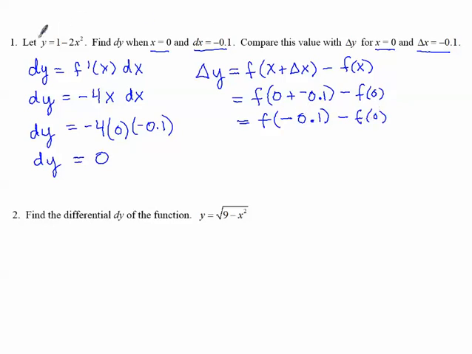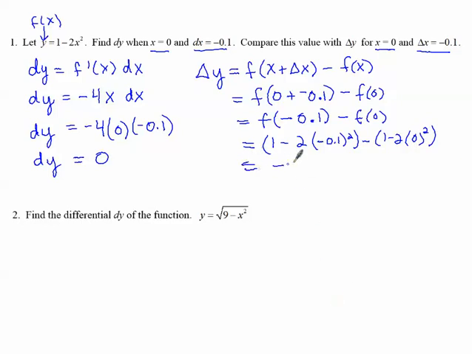Plugging these values into our function, this is our f of x, gives 1 minus 2 times 0.1 squared minus 1 minus 2 times 0 squared.